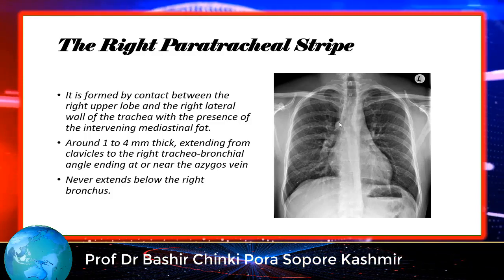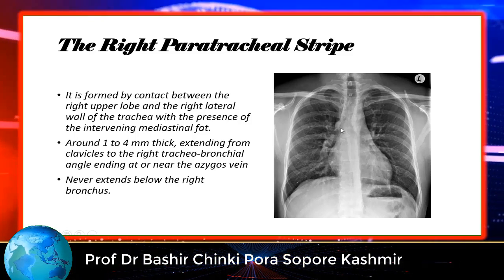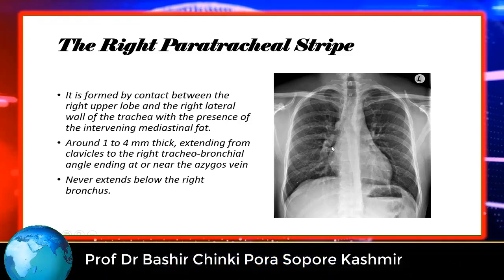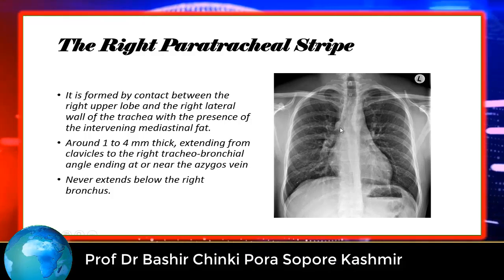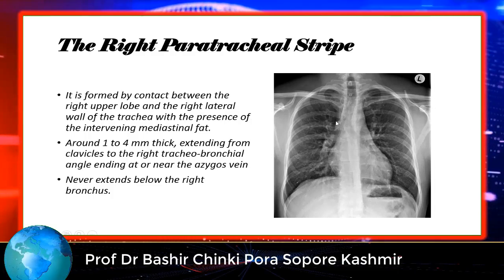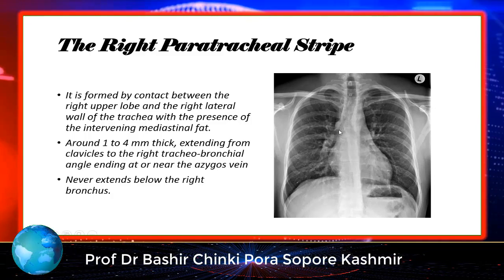And we must also know that this line never extends below the bronchus. You can see this is the right bronchus, this is the left bronchus. So it doesn't extend down to the bronchus. It rather ends near or at the tracheobronchial junction. That is here.